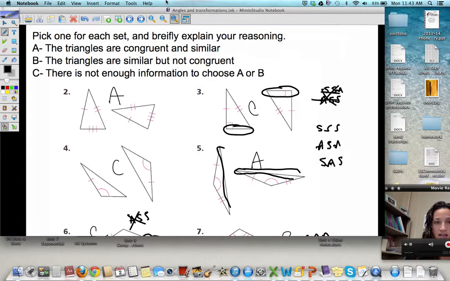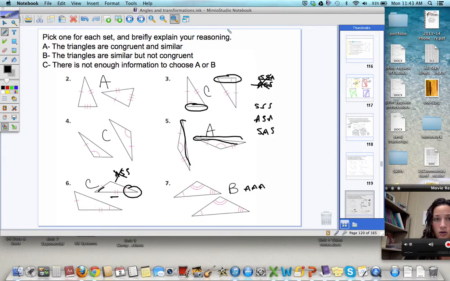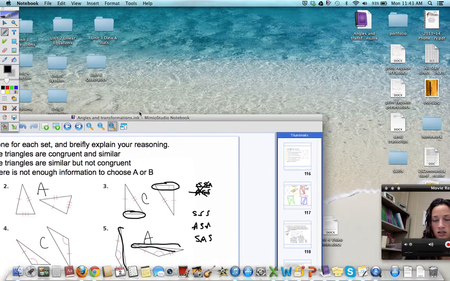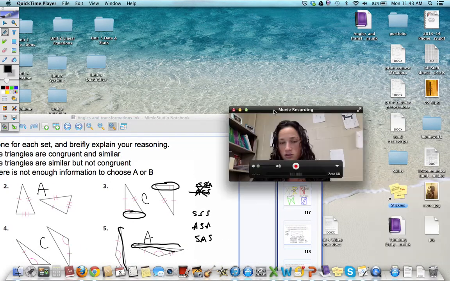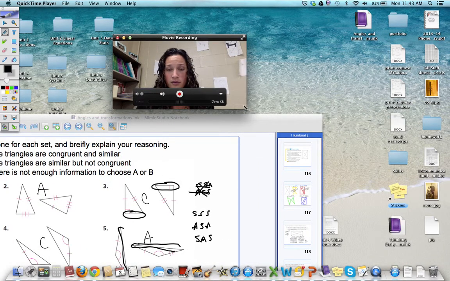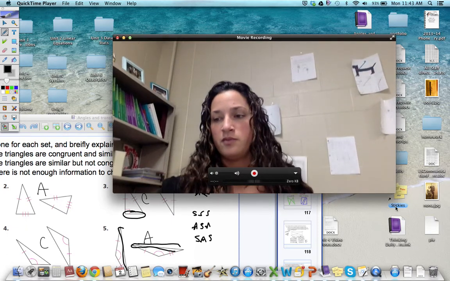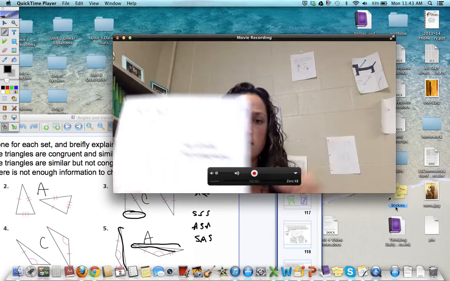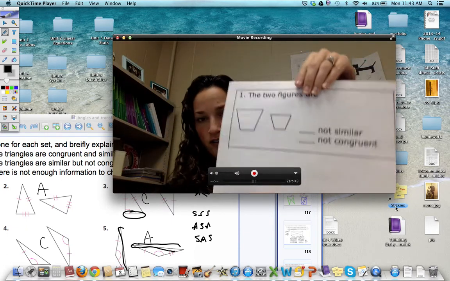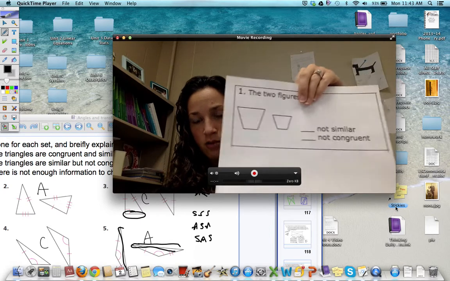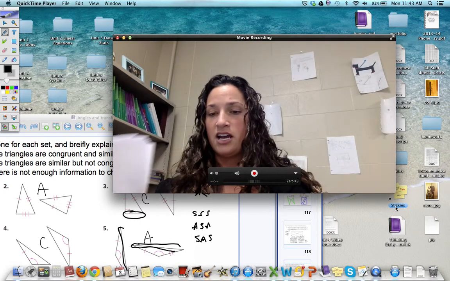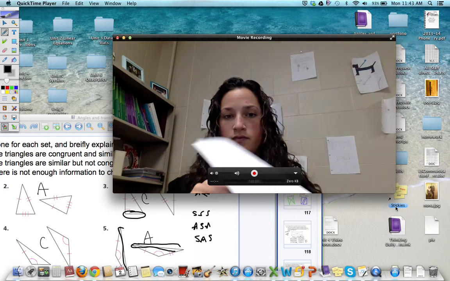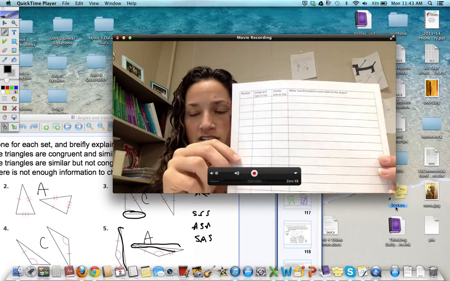Alrighty, let me get out of this. So right now we are done with notes. What we're going to be doing is a roundabout. There's going to be little stations about the room, things like this. Station number 1, these 2 figures are blah, blah, blah. And there's a whole bunch of them. And you're going to have this worksheet right here. You're filling this out, so you're going to tell me what number you are on.